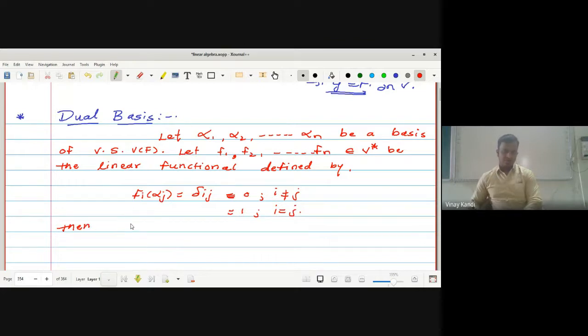In the last lecture we proved this set is linearly independent and spans V star. Any linear functional we can write as a linear combination of f1, f2 up to fn, and this set forms a basis for V star.